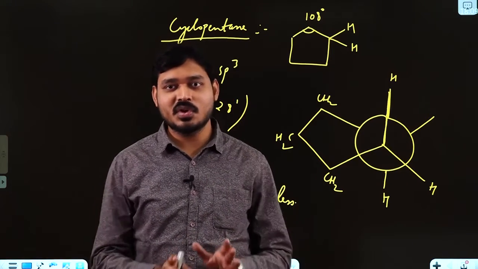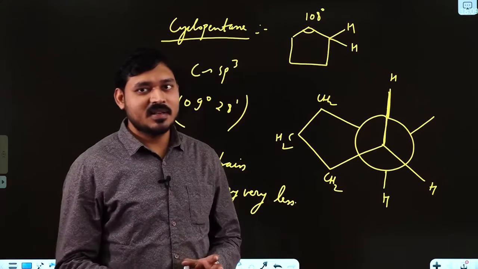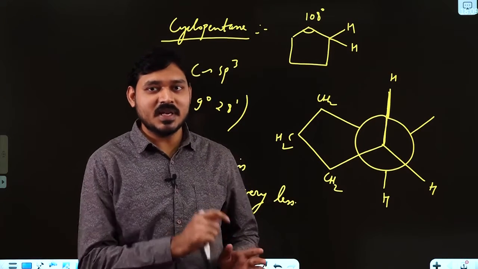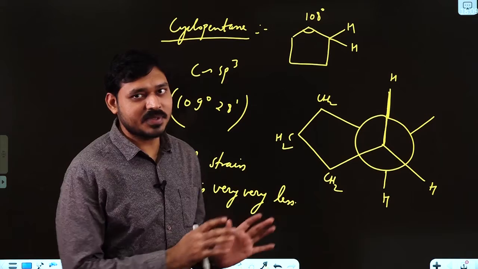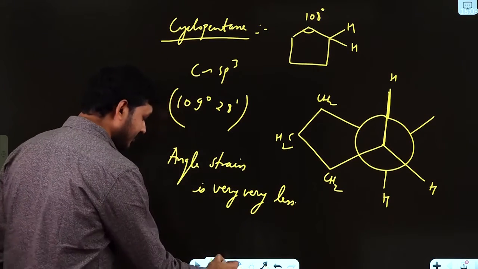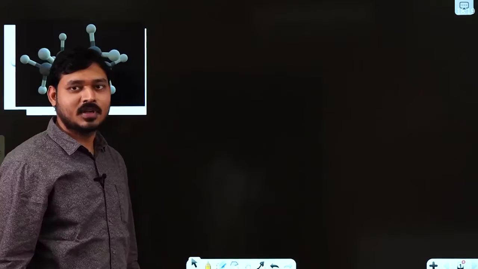Okay, so I think we have discussed 3-member ring, 4-member ring, 5-member ring, and also 6-member ring in detail. So students, let's see some 3-dimensional images and observe whatever we have studied earlier. Okay, so students, now let's see whatever we have studied in conformers in some observational way, in the sense in 3-dimensional images.